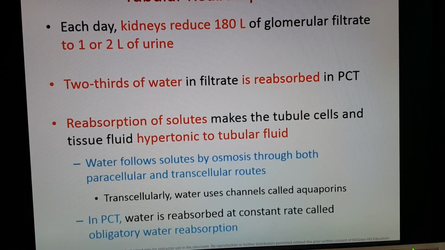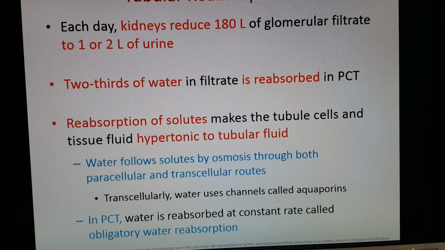Okay, focusing now on water. So I mentioned earlier water going into those endothelial cells through the aquaporins. So when you have your glomerular filtrate and it's going through the tubes, from your proximal convoluted tubule through your collecting duct, the body is reabsorbing that water so that it conserves it.